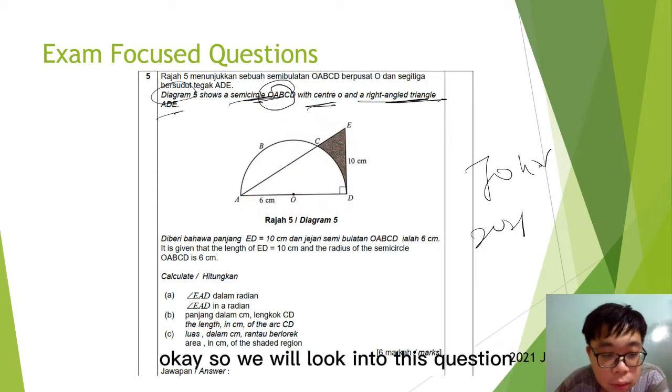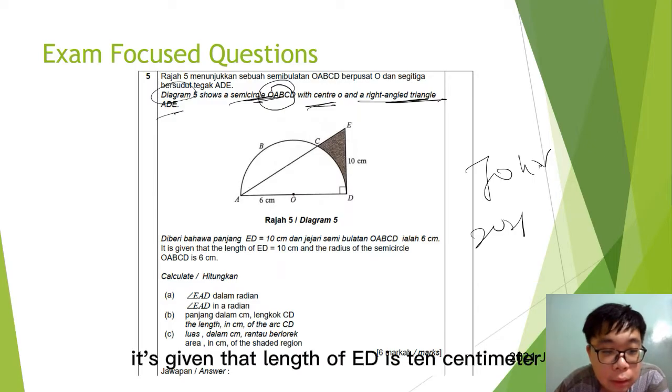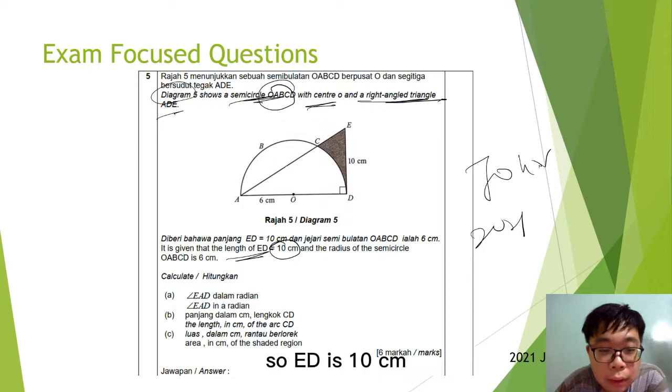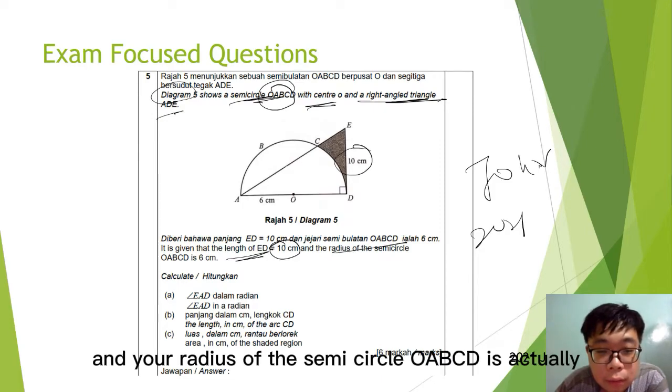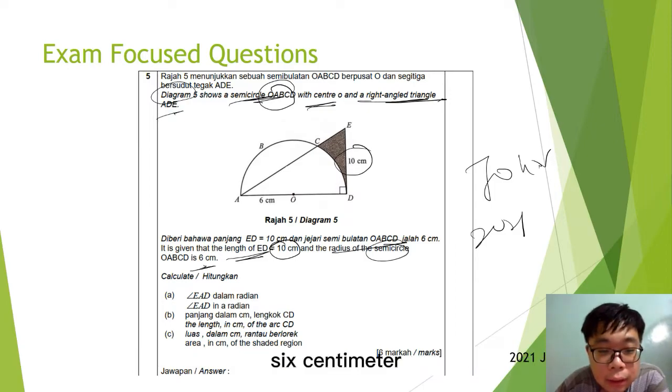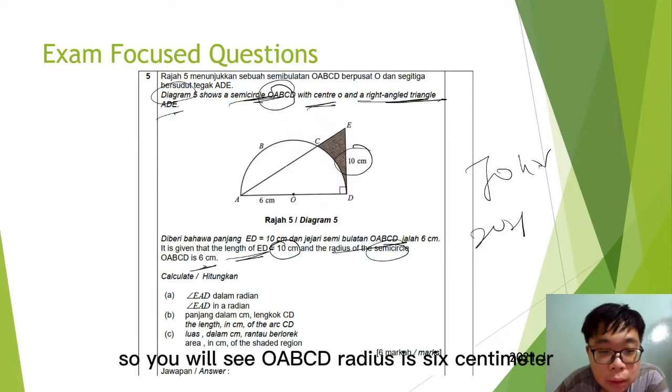Okay, so we'll go into this question. It's given that the length of ED is 10 centimeter. So ED is 10 centimeter. This is the ED. Okay, and the radius of a semicircle OABCD is actually 6 centimeter. So you will see OABCD radius is 6 centimeter.